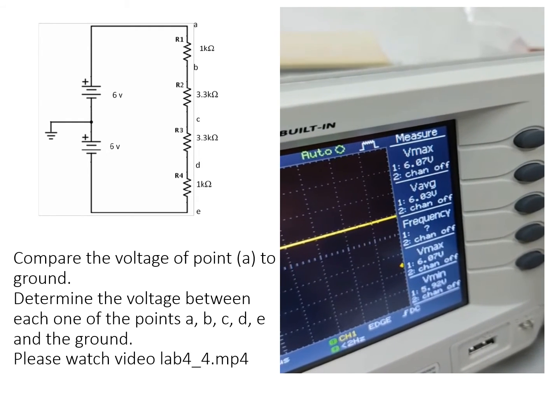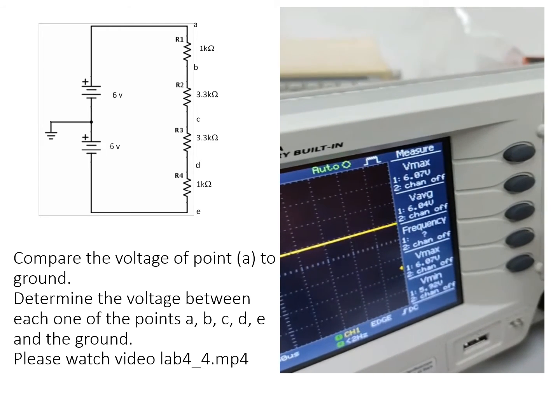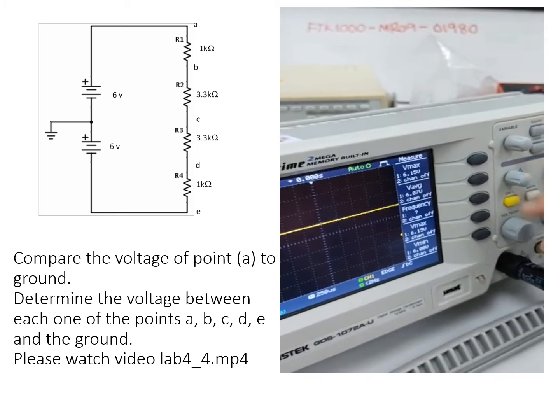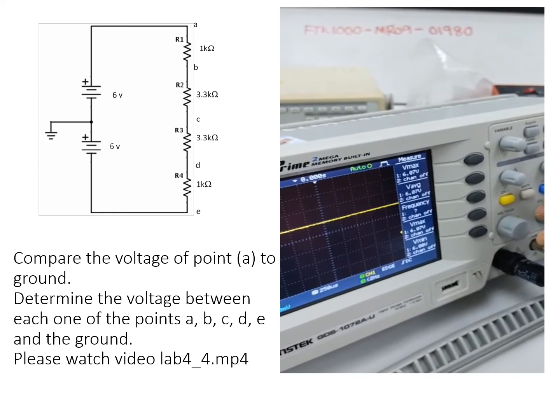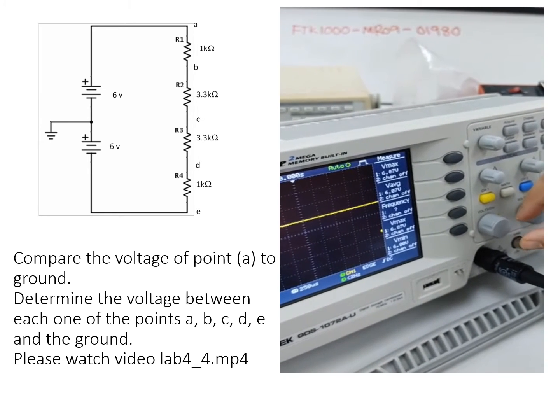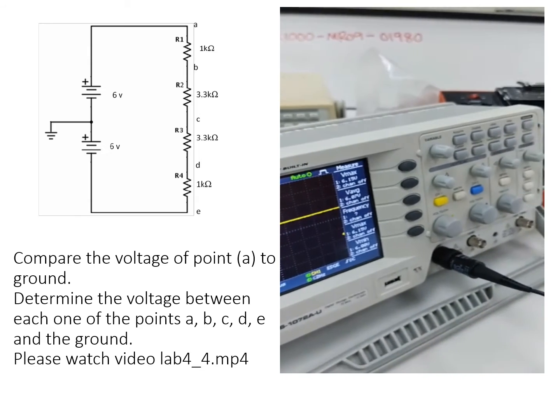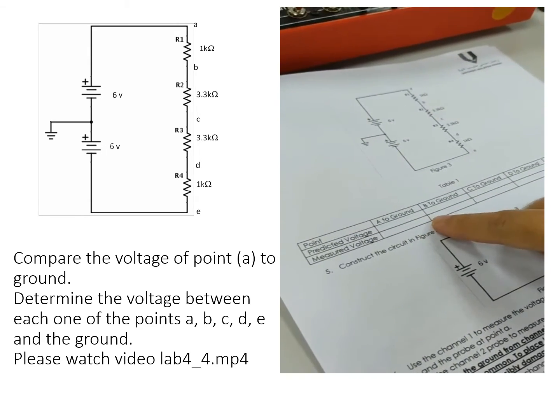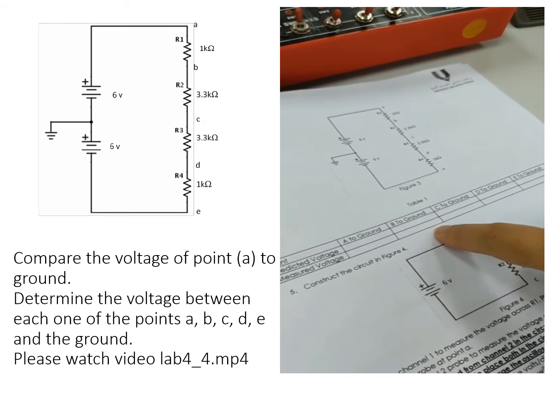The answer should be 6 volt, so there is some measurement error. We can see that the value is about 6 to 6.07 volt. So we complete the measurement from A to ground, and we can continue to the other measurement.